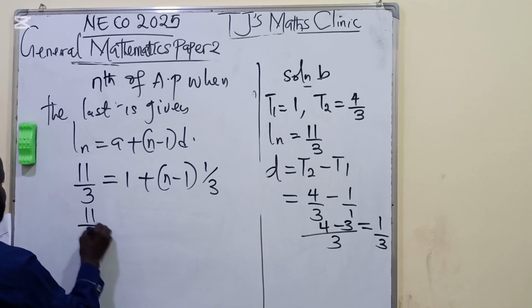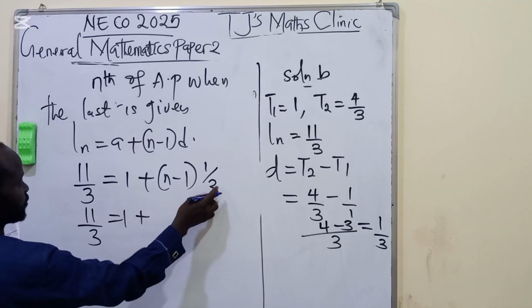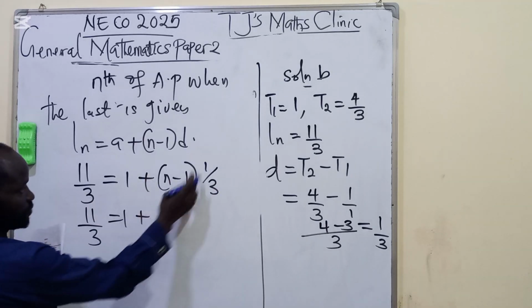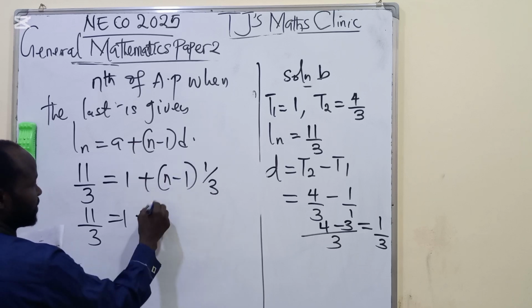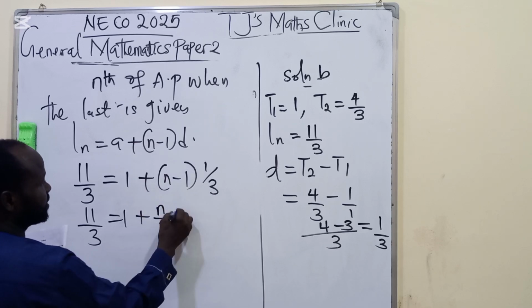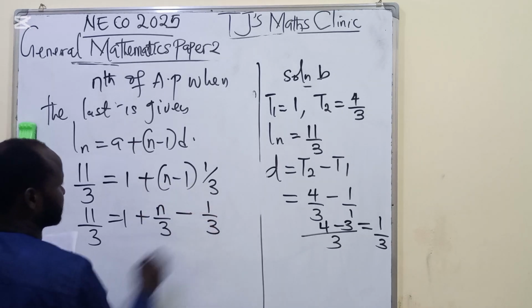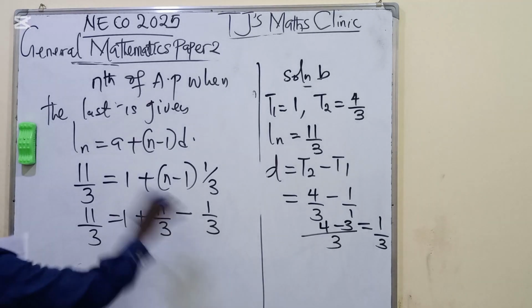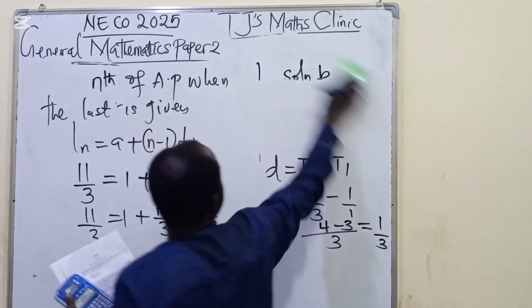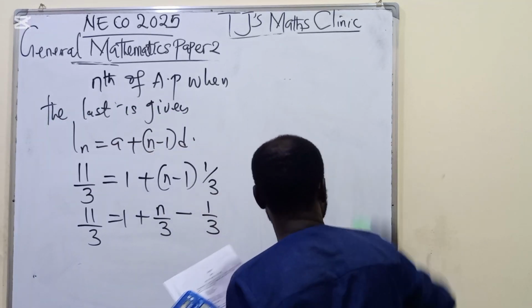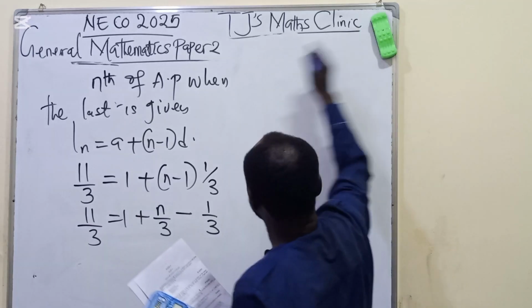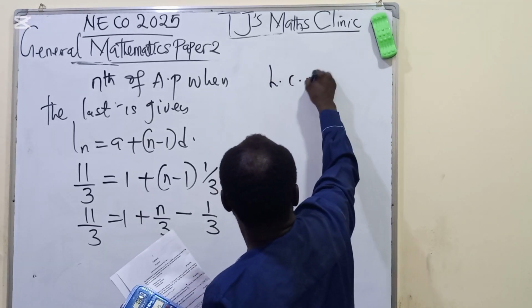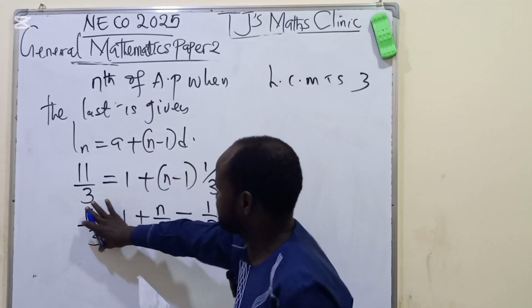So 11 by 3 will be 1 plus, we distribute this 1/3 to n minus 1, that will be n divided by 3 minus 1 out of 3. So the LCM is 3. Let's multiply through by 3. Since the LCM is 3, very important, multiply each term by 3.